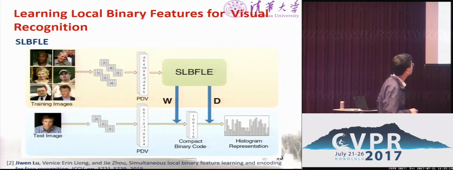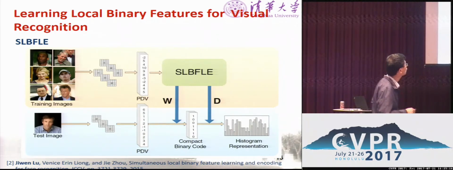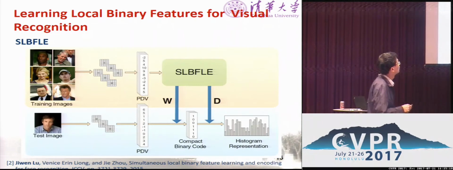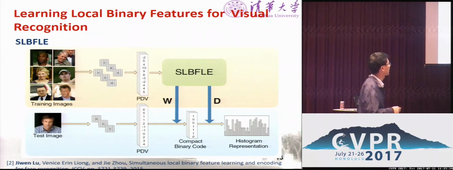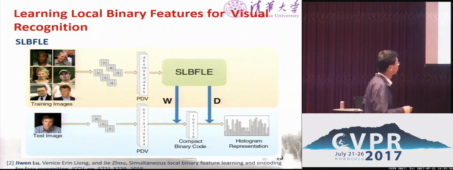So what's the key idea of this approach? First, we also compute the PDV feature vector. Based on this PDV feature vector, we not only learn a projection W, we also learn a dictionary D. This projection and this dictionary are learned together, simultaneously, based on this training set. Then given a test image, we can get some patches and obtain the PDV value.